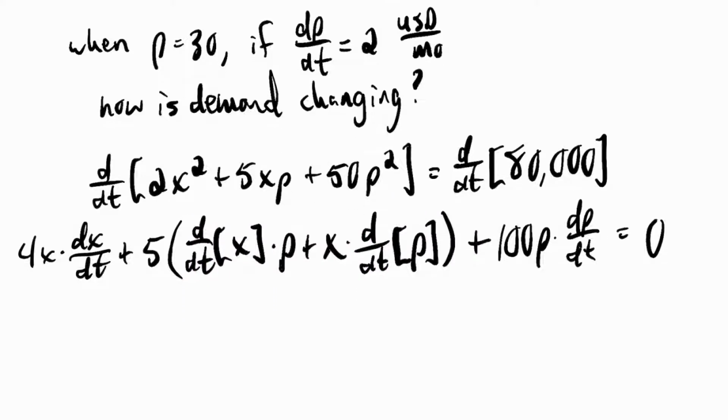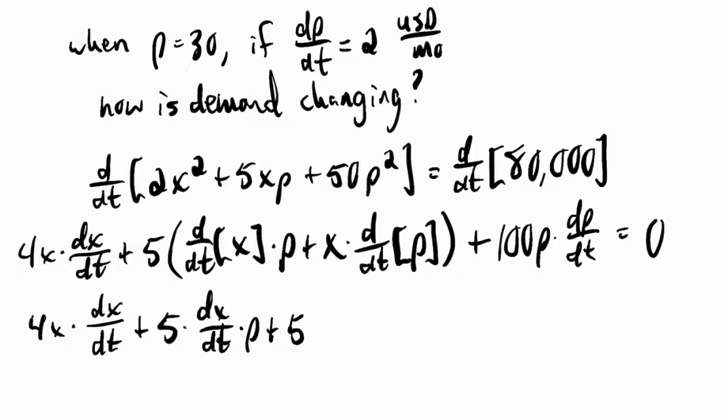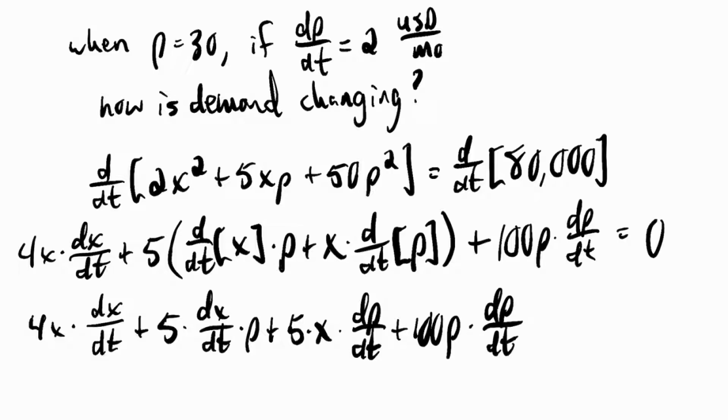So I'm going to have 4x times dx/dt plus 5 times dx/dt times p plus 5 times x times dp/dt plus 100p times dp/dt.